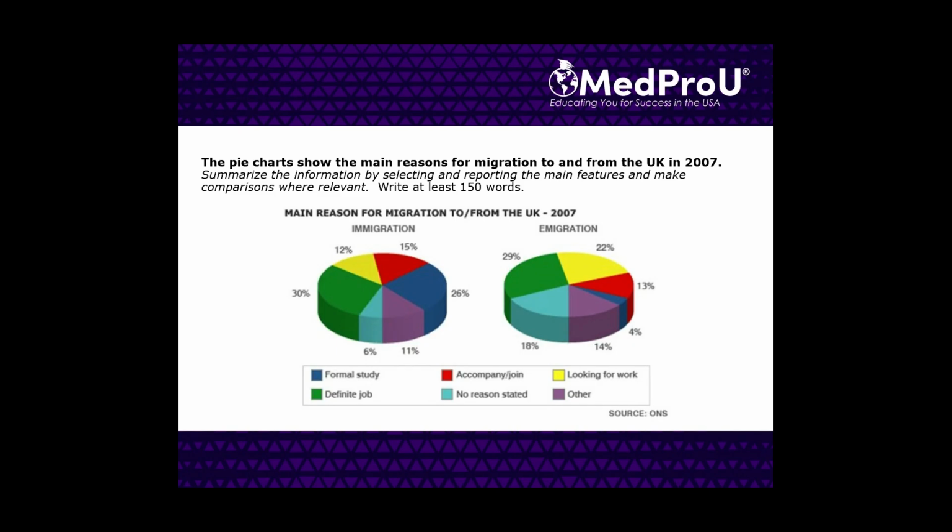So the charts illustrate the primary cause of migration within UK in 2007. Okay.